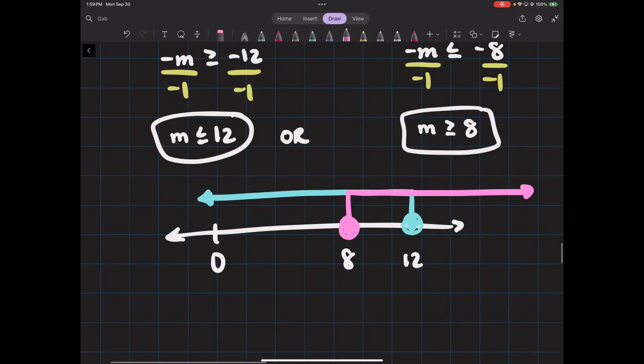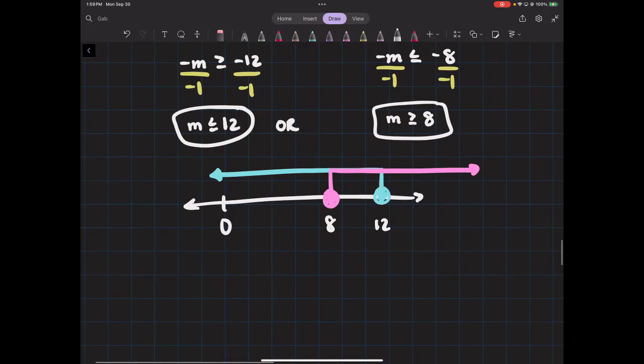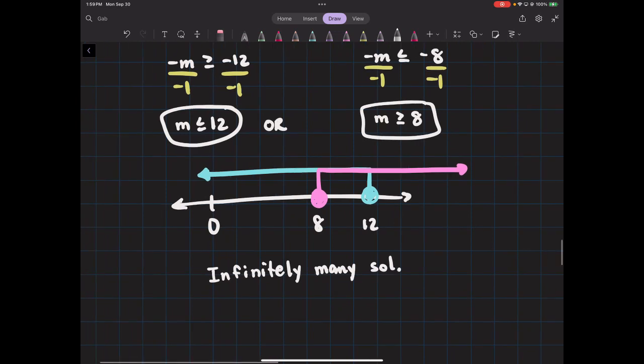Do you see something weird here? They cross. They cross, and that means they cover everything, right? So what is your solution here? Is there literally infinite solutions? Yes. So you could solve this for the rest of your life, every single difference.